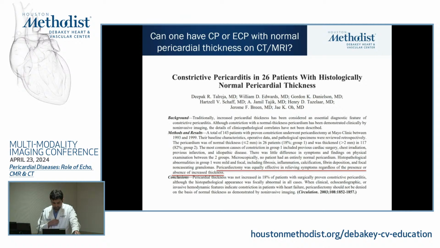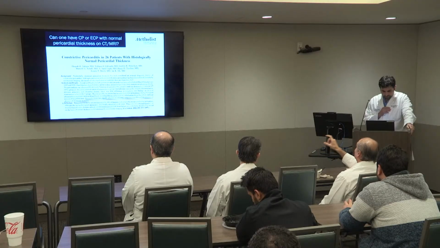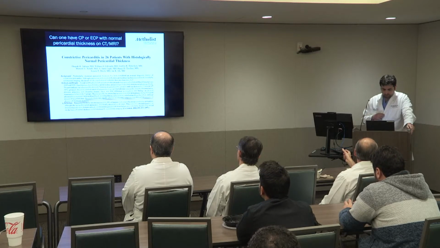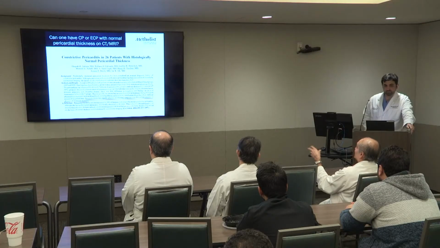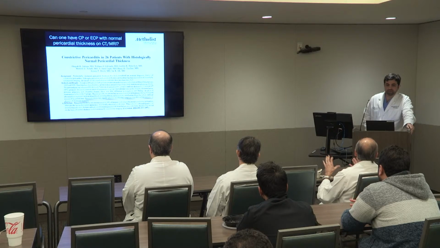Right. Did they go back and say, okay, what did it look like on imaging in those cases? No, not in this one, because it's an older series, 93 to 99. And from what I remember, I know people kind of tout this to say, oh, you can have normal pericardial thickness and still have constriction. Yes.